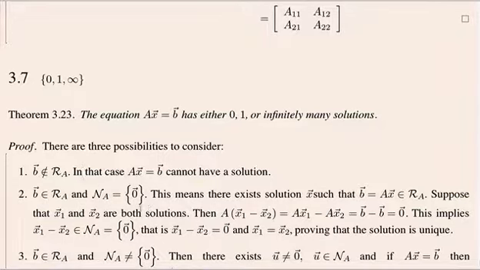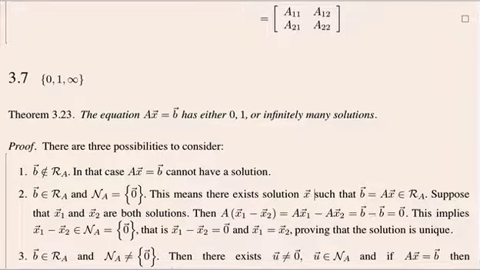So if B is in the range of A, that means there exists a solution X such that B equals AX is in the range of A. Then suppose that we have x1, x2 solutions to the same equation. Then if you multiply A with x1 minus x2, we have the property of matrix vector multiplication, that this is Ax1 minus Ax2.